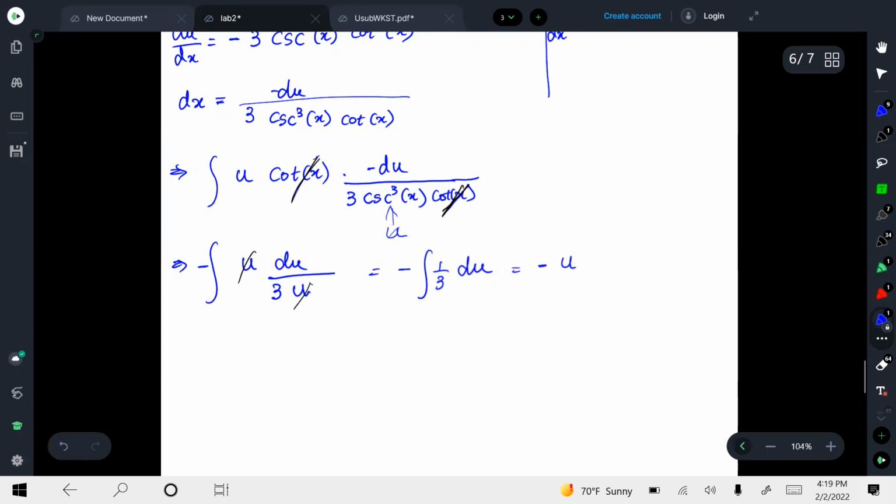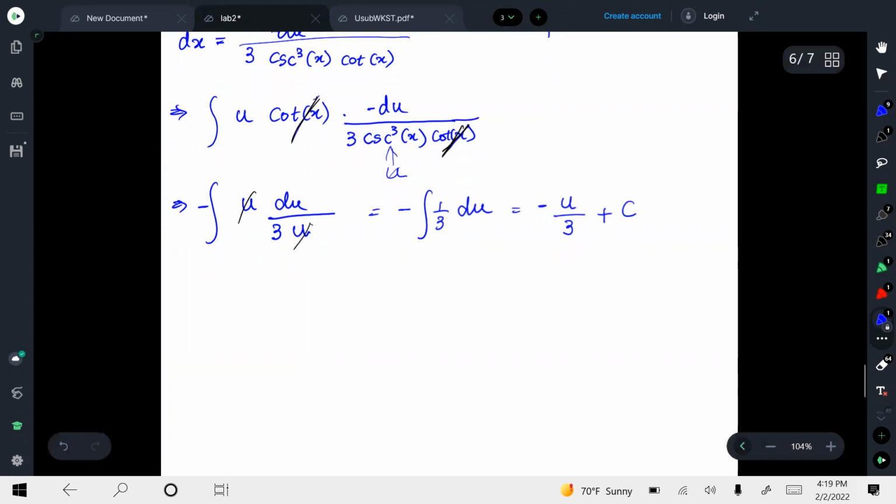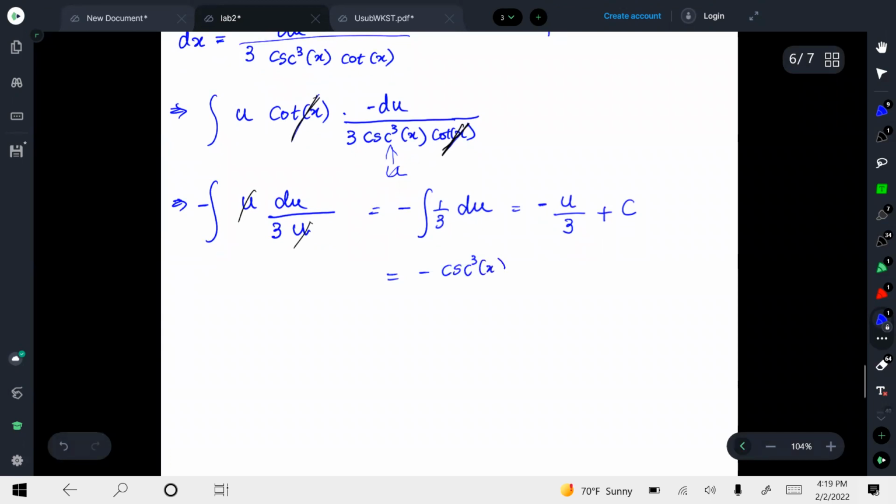Since we have 1 over 3, I'll keep the 1 over 3 in the denominator. Now, the du is gone. It is replaced with plus c, the integral constant. Now, the final answer will be minus u, where u is cosecant cube of x, divided by 3 plus c. That's your final answer.